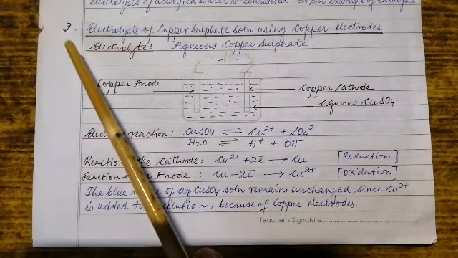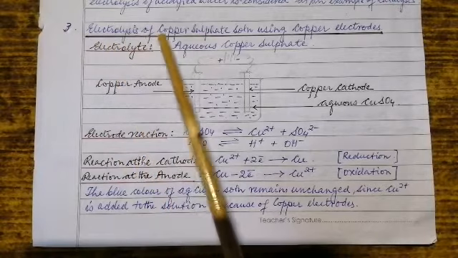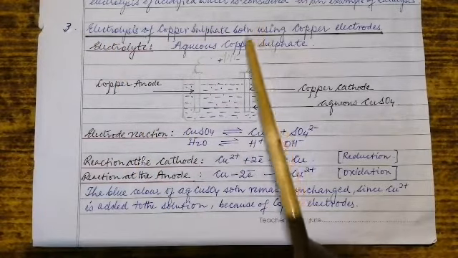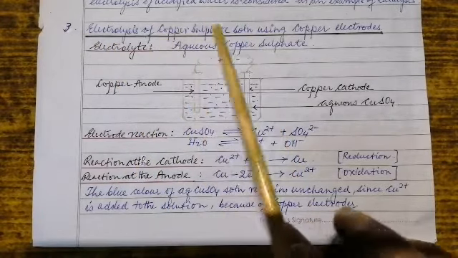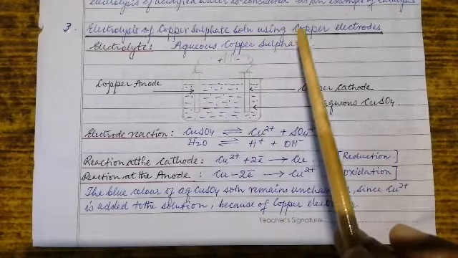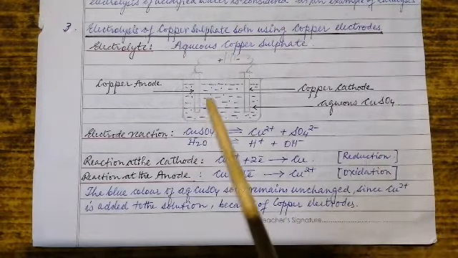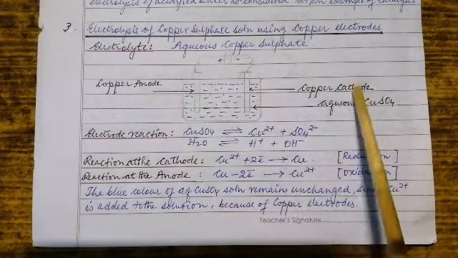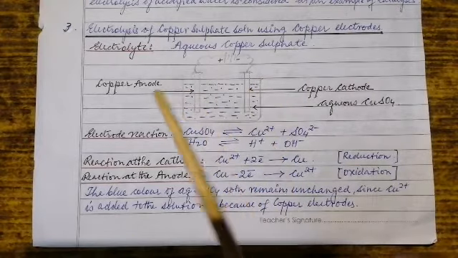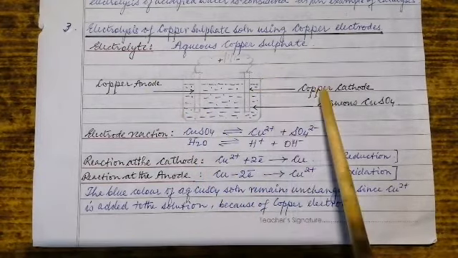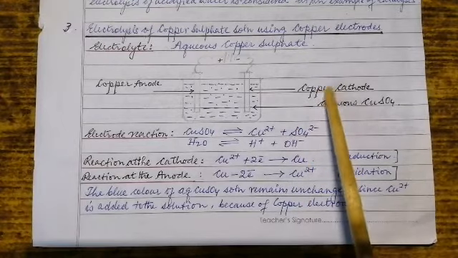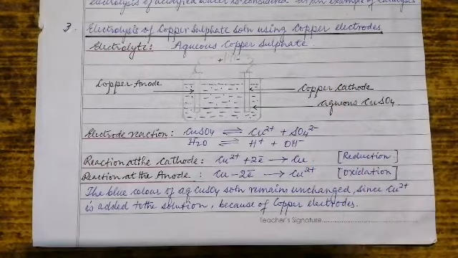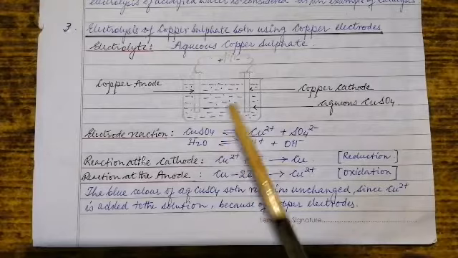The third experiment is electrolysis of copper sulfate solution, which we also call aqueous copper sulfate, using copper electrodes. So both the anode and the cathode are made of copper, and you know the copper electrodes are active electrodes. They take part in the chemical reaction.